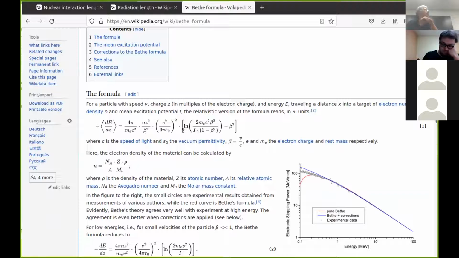There's this logarithmic term that's just the relativistic rise.